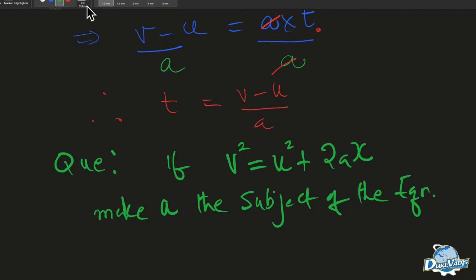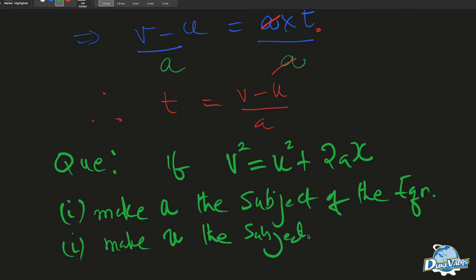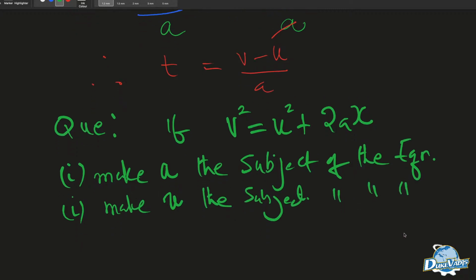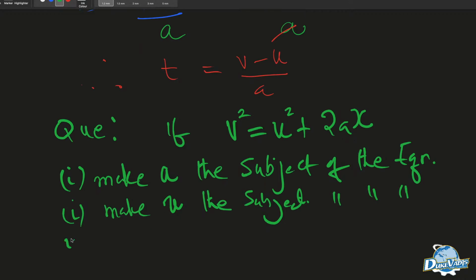It says make a the subject, and after that, it says we should make u the subject of the equation, and then make x the subject of the equation.